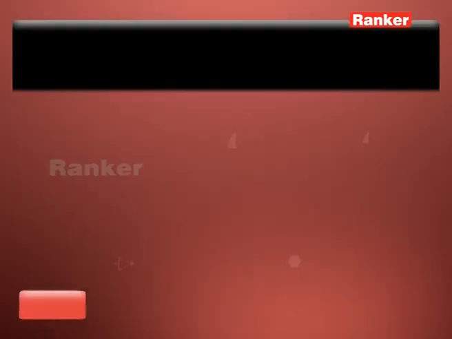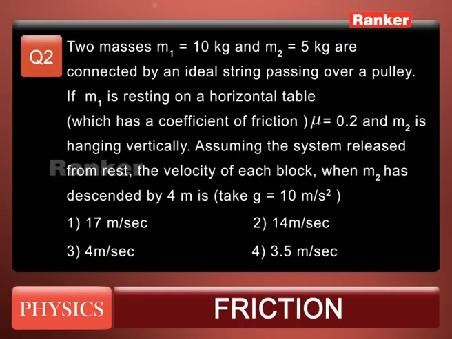Question number 2 is that two masses M1 10 kg and M2 5 kg are connected by an ideal string passing over a pulley. If M1 is resting on a horizontal table which has friction coefficient 0.2 and M2 is hanging vertically, assuming that the system is released from rest, find the velocity of each block when M2 has descended by 4 meter, assuming G value of 10 meter per second squared.